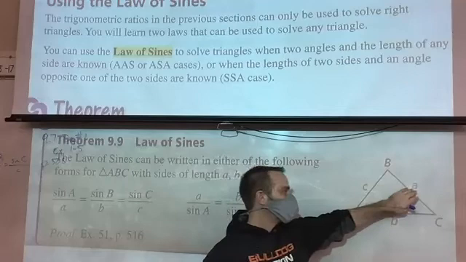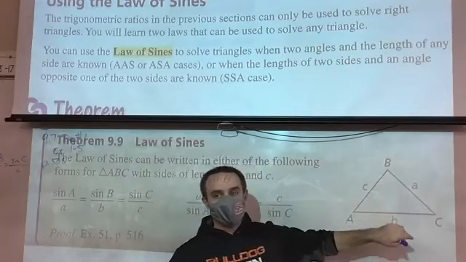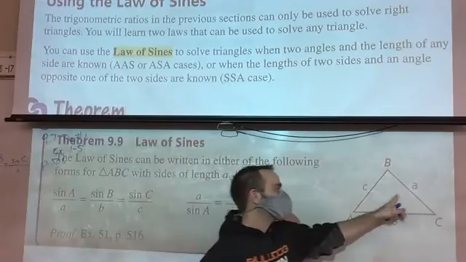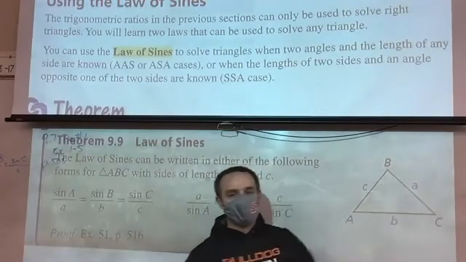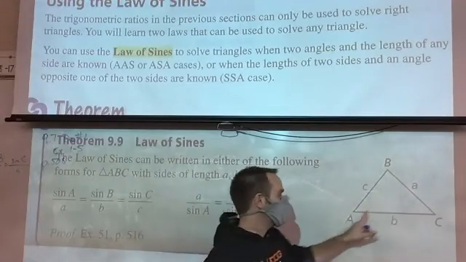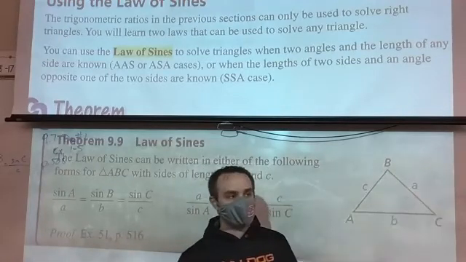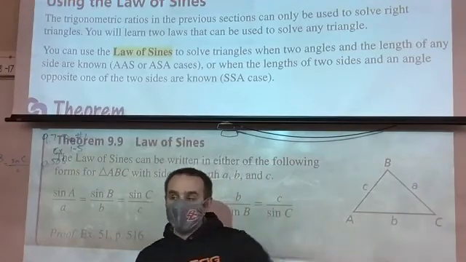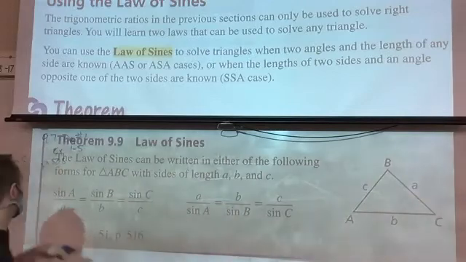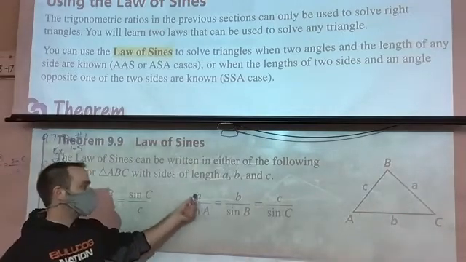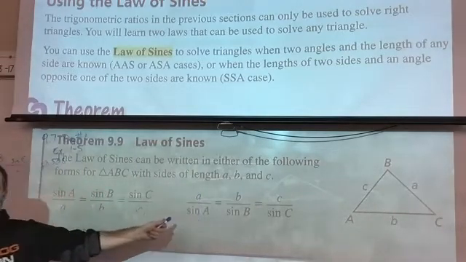And then the lowercase letters always represent the sides, and even more than that, the side that's opposite the angle that has the same letter. So lowercase a is the side across from capital A. Lowercase b is the side across from capital B. That has to be the case when we're looking at this formula. So when we see a lowercase a and a capital A, we need to know that those are across from each other.